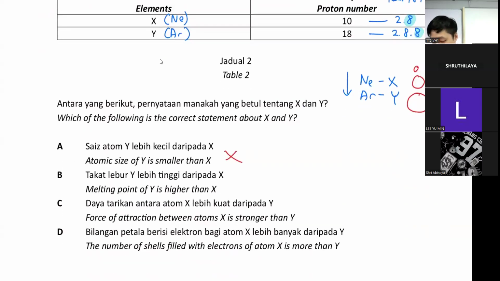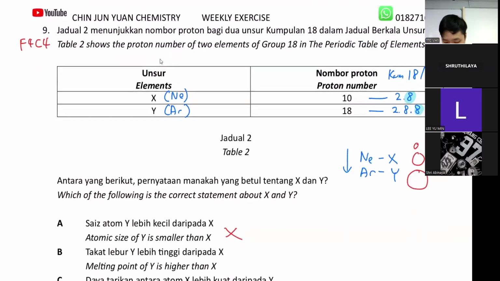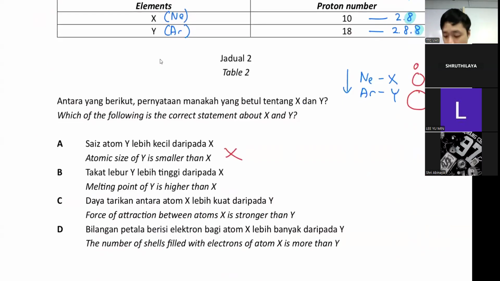So in this case, melting point of Y is higher than X is correct, because melting point increases down the group. Argon, because the larger the size, the higher the melting point. So argon has higher melting point than neon is correct. So B is the answer.